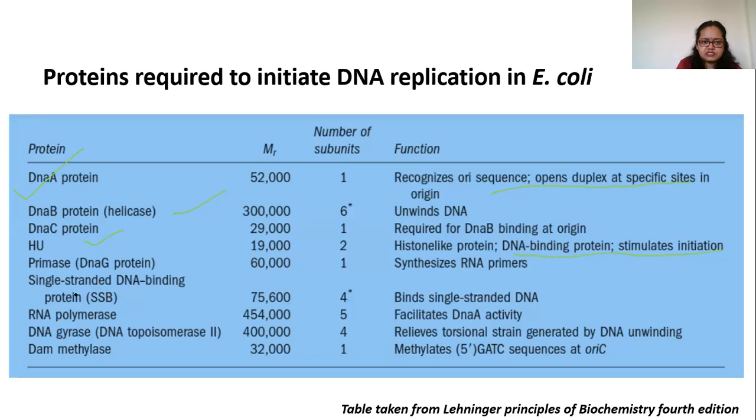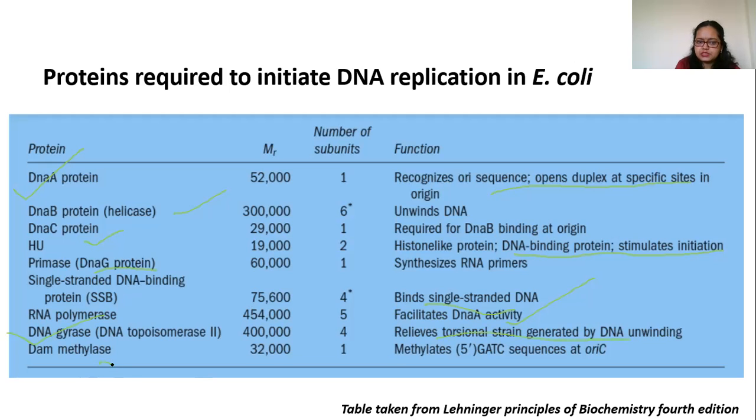Primase, which is DnaG protein, synthesizes RNA primers. Single-stranded DNA binding protein binds single-stranded DNA. RNA polymerase facilitates DnaA activity: when DnaA recognizes the ORI C, then RNA polymerase facilitates its activity. Then DNA gyrase, which is DNA topoisomerase 2, relieves the torsional strain generated by the DNA unwinding.